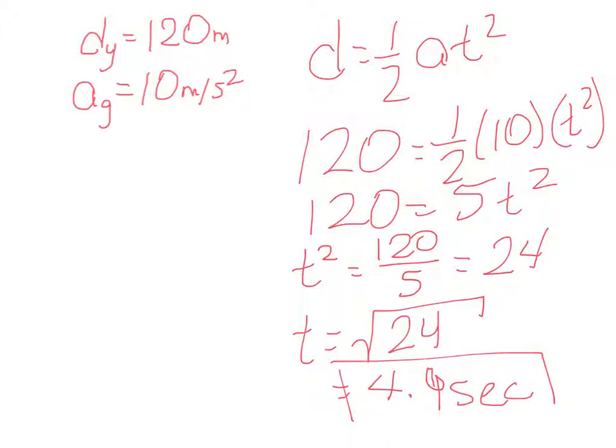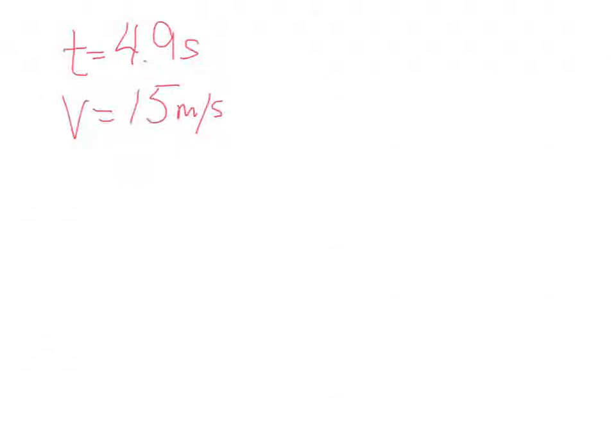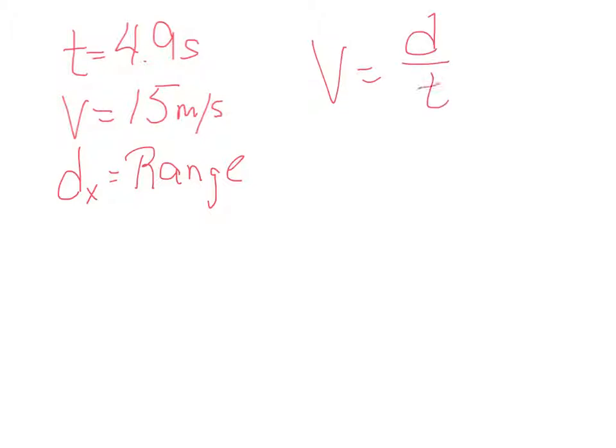So that means that the ball is flying through the air 4.9 seconds. We know time is 4.9 seconds. We know it was kicked with a velocity of 15 meters per second. So now we're wanting d in the x direction, which is our range. So we know velocity is equal to d over t.